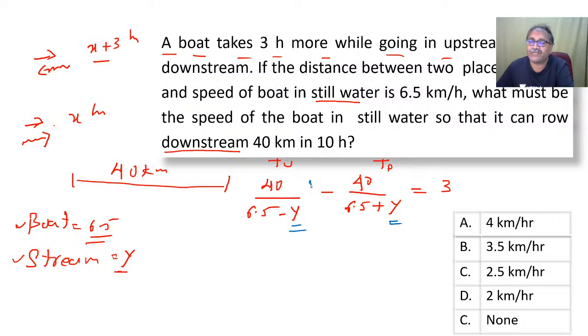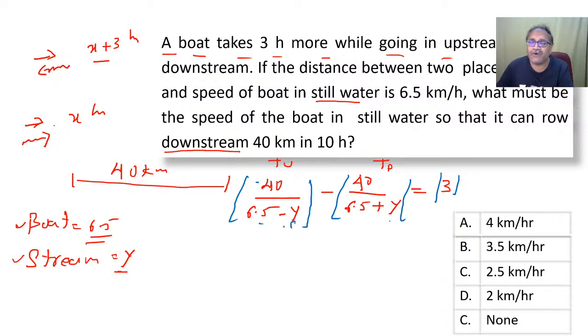This part minus this part should be equal to 3. Another thing I notice is that 40 is a multiple of 4, 8 and 5, so I should choose y such that the speeds divide 40.